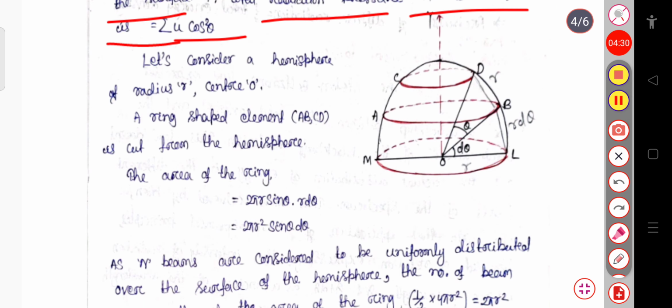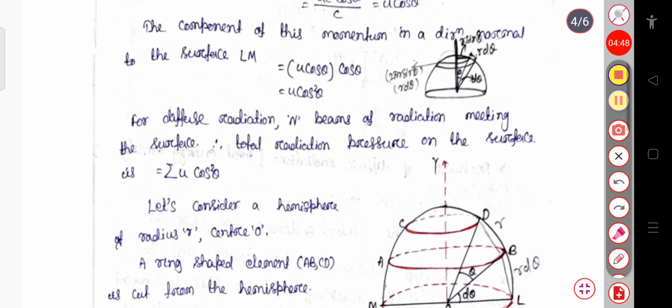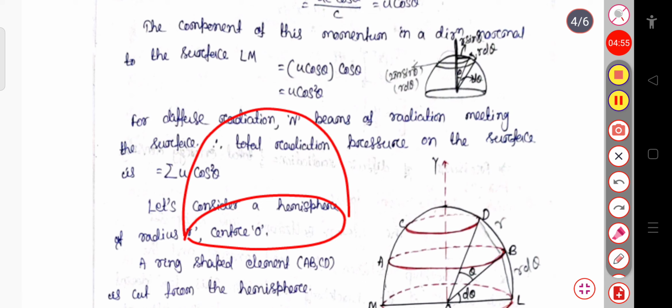Now let us consider a hemisphere, this is your radius small r and it has the center O. If we consider a ring shaped AB or CD, this is your AB and this is your CD, cut from the hemisphere, then the area of the ring will be, if I draw this diagram, suppose this is the hemisphere and this is some normal direction and this is the radius small r.